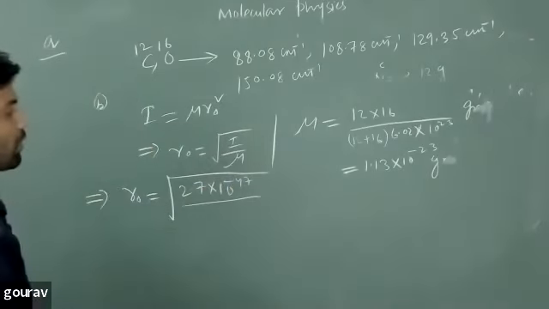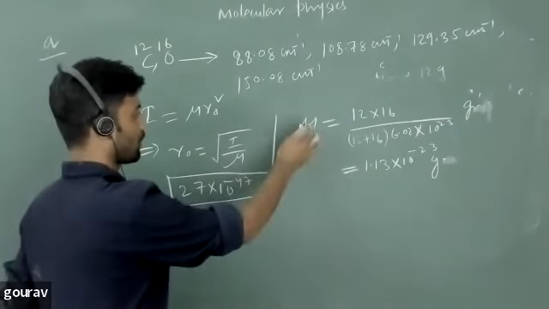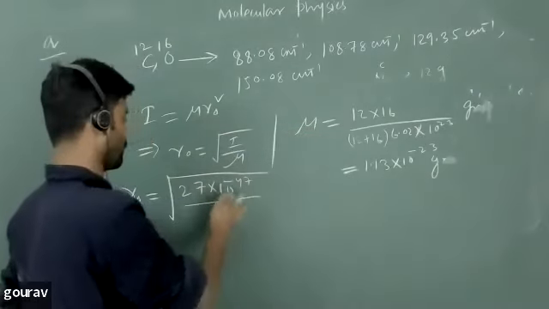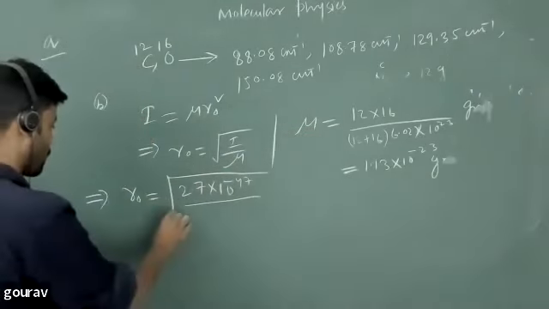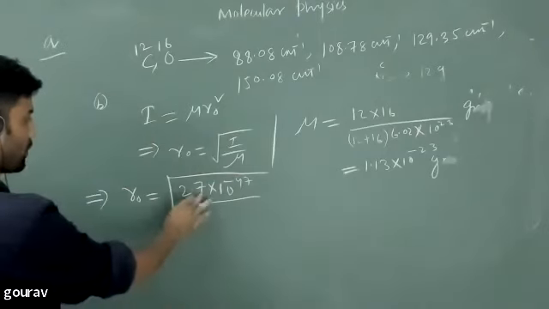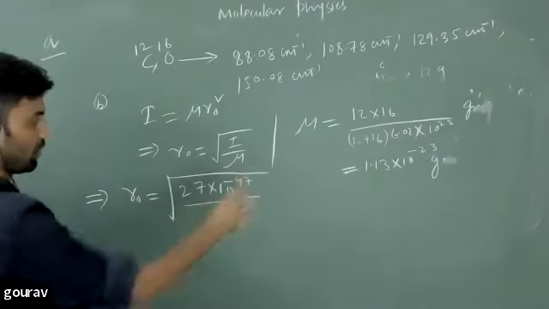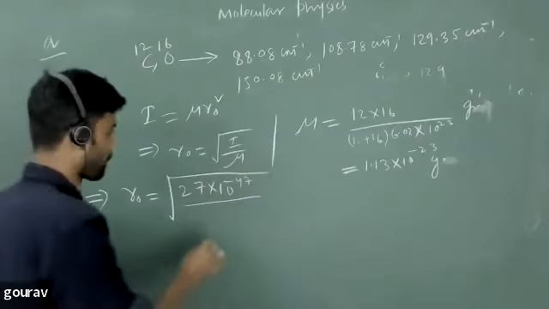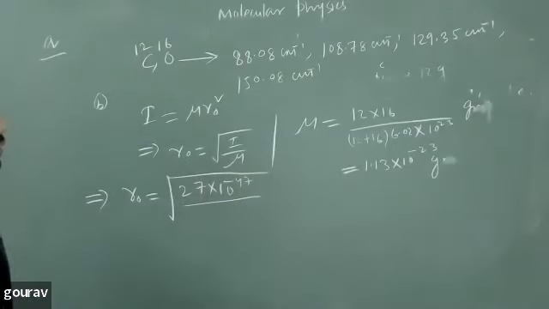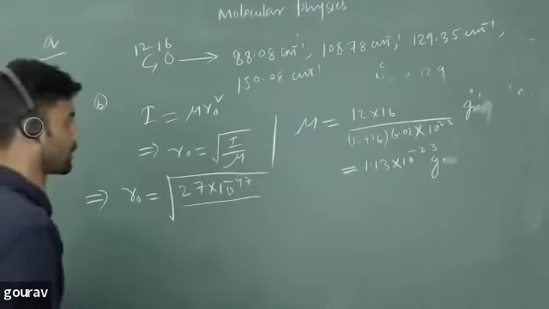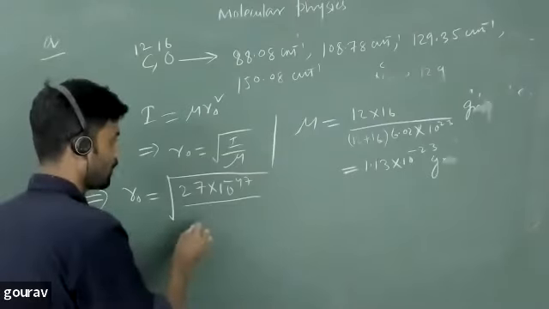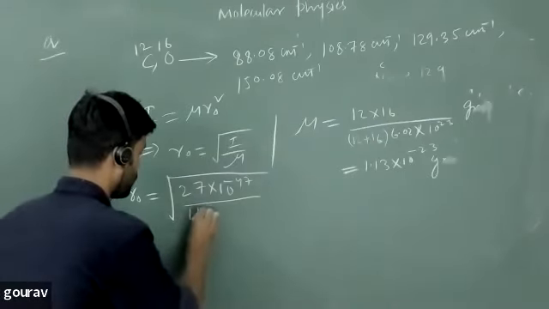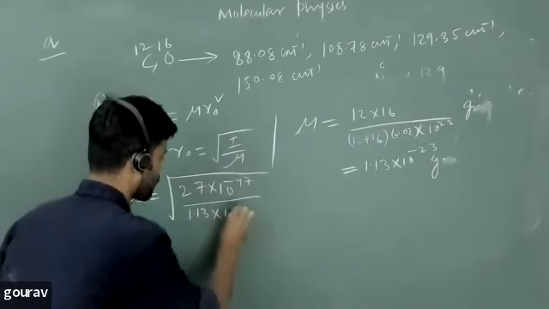Now you have to substitute that mu in SI unit, then you will get R naught in SI unit, because you have already substituted I here in SI unit. So it will be root over 2.45 into 10 to the power 24. Let me check. If you substitute it here, it will be 1.13 into 10 to the power minus 26, right?